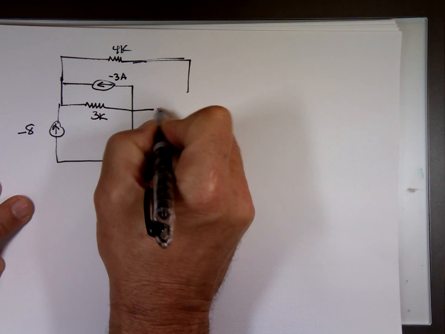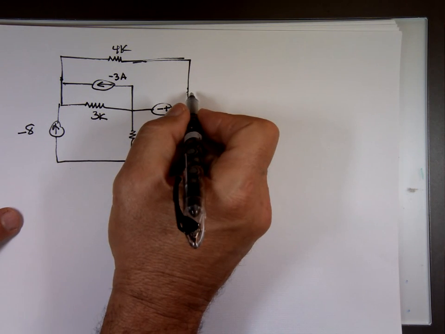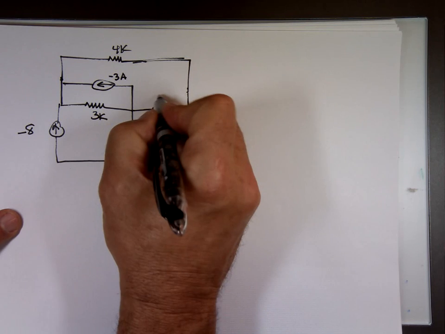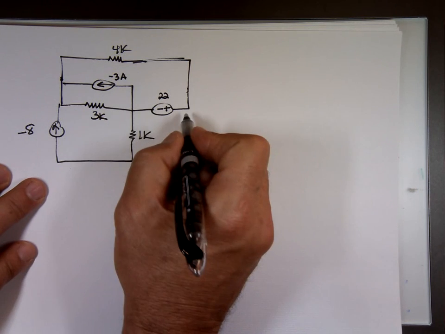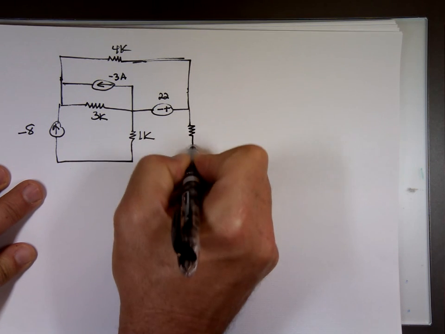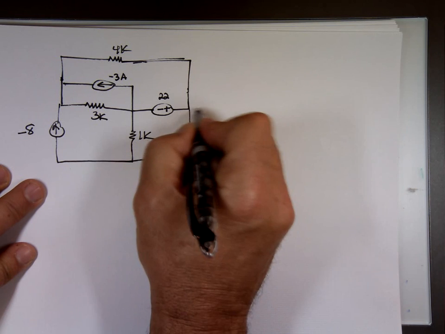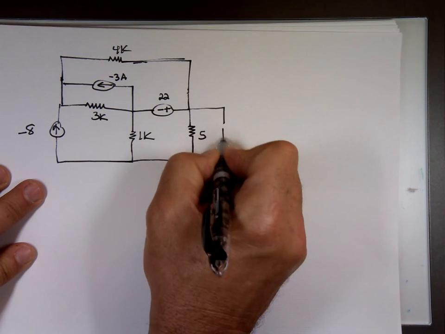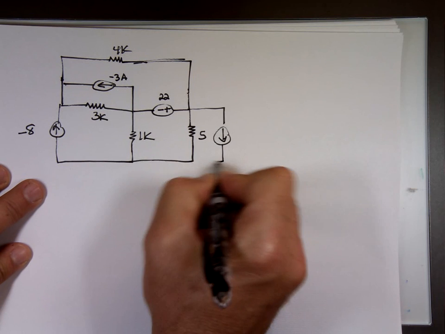Minus to plus, and this is 22 volts. And now we have 5 and we have negative 25.